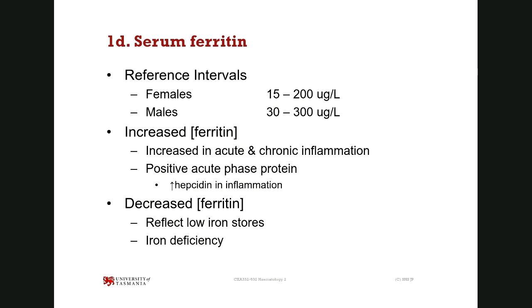Okay, so transferrin saturation is actually calculated from serum iron and the total iron binding capacity. So remember, total iron binding capacity on its own doesn't really tell us anything, and serum iron on its own doesn't really tell us anything.